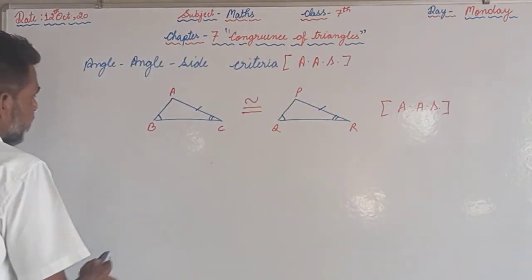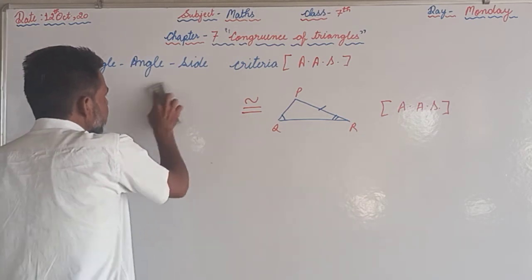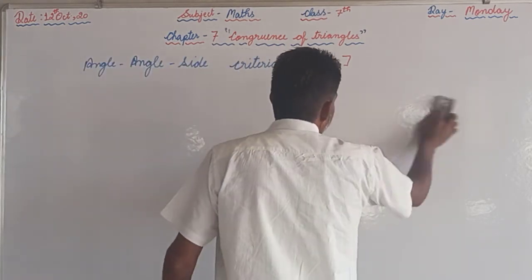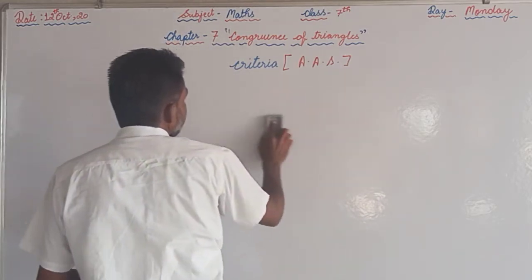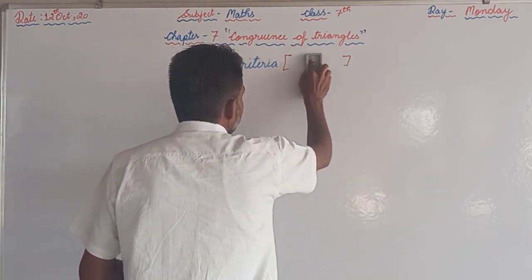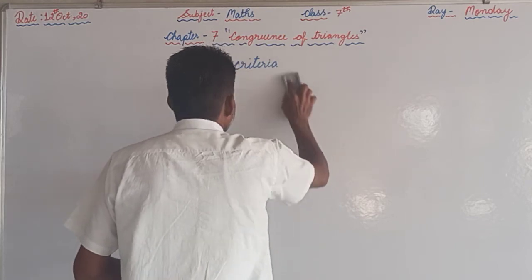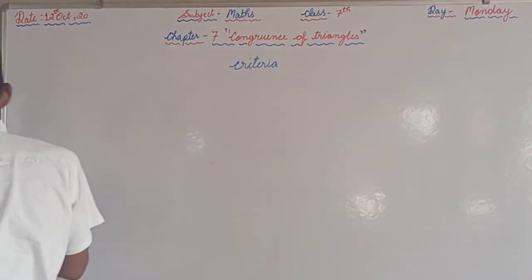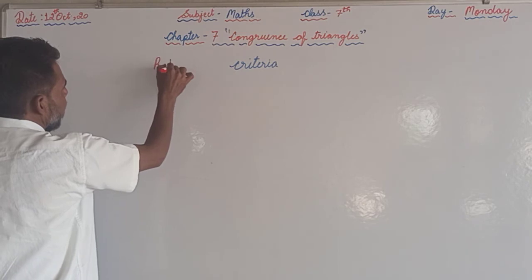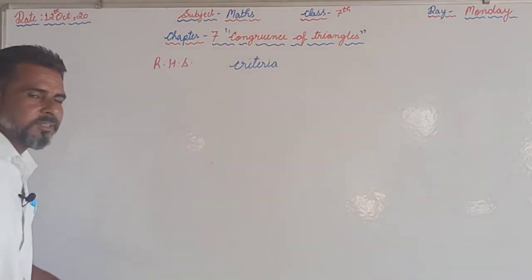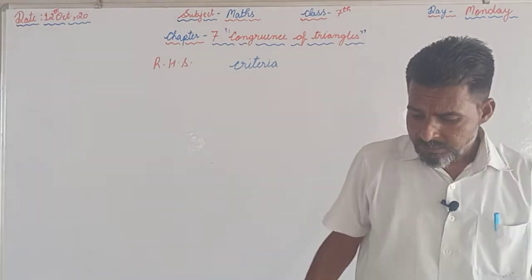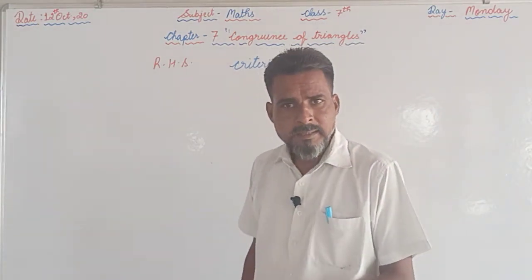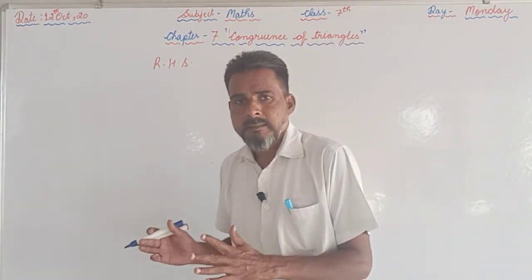Afterwards, the last criteria is also there. That is RHS. This is a different criteria because we have discussed side, side, side, then side, angle, side, then angle, side, angle, then angle, angle, side.